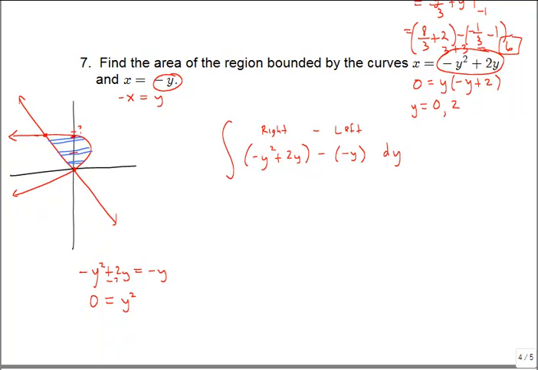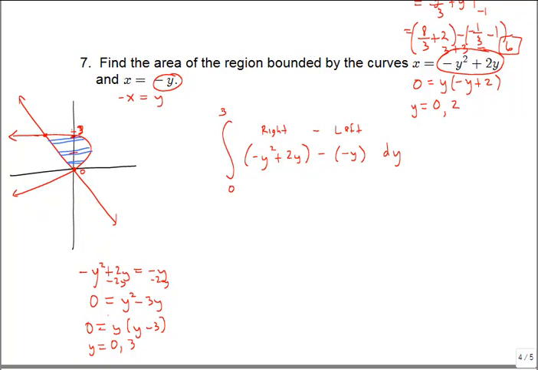And when I subtract this 2y, that makes this become minus 3y. So if I pull out a y, then that means I have intersection points at 0 and 3 for the y. So that means this height right here is 3, and this height right here is 0. Okay? So my bounds then are going to be 0 up until this height right here, which is at a height of 3.